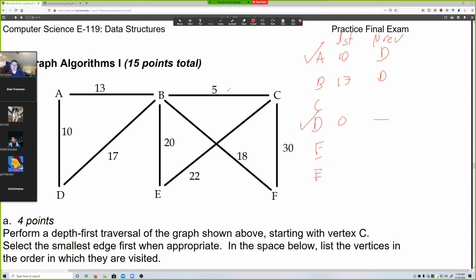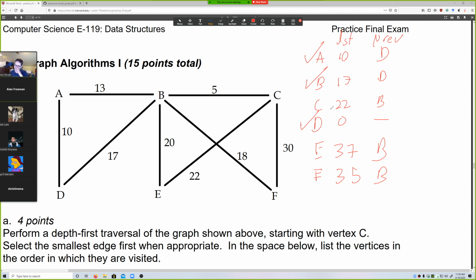So B to C, the cost is going to be a total of not 5, but 22, the cost it took to get to B, plus the 5 it takes to get to C. For E, it's going to be a cost of 37, and the cost to get to F, 35. So we're done with B.